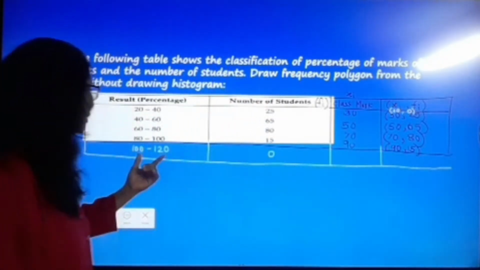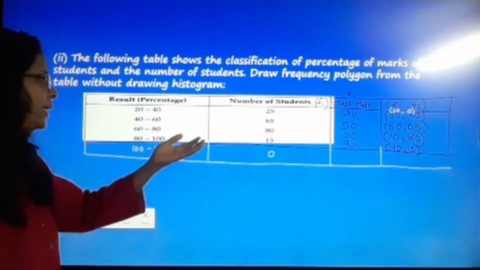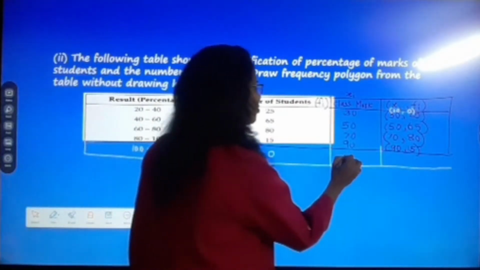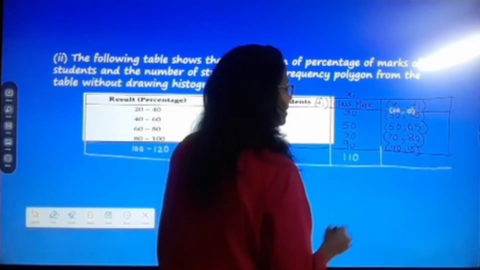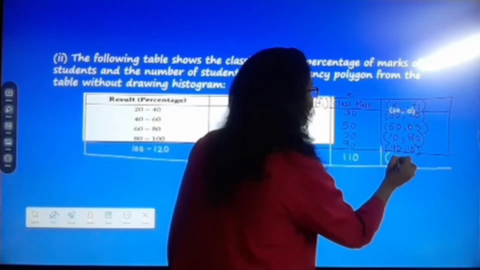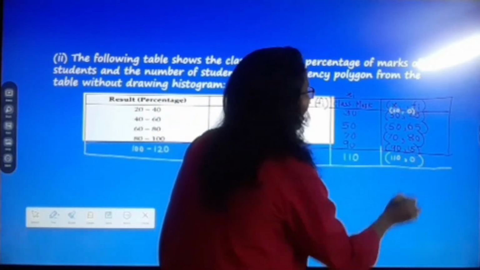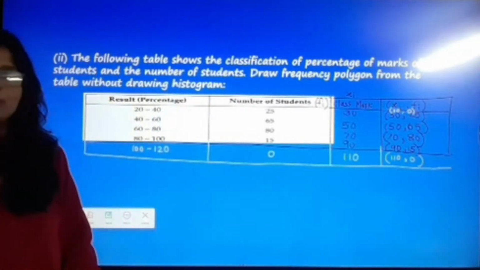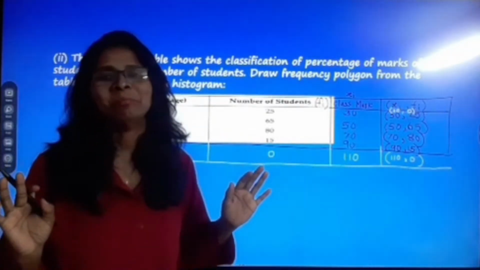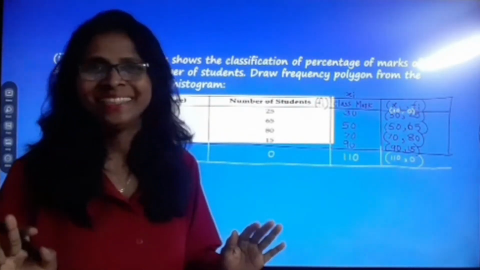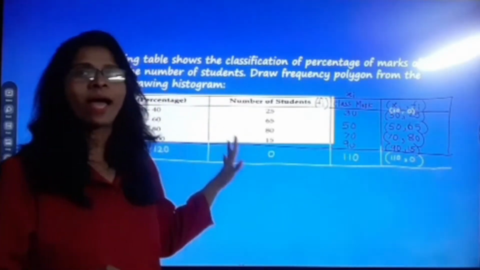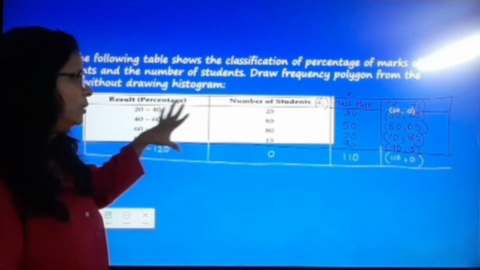The class mark between 100 and 120 is 110. Yes, very easy. So the coordinate is 110, 0. Now this is the completed table. You have to draw the table in this way.